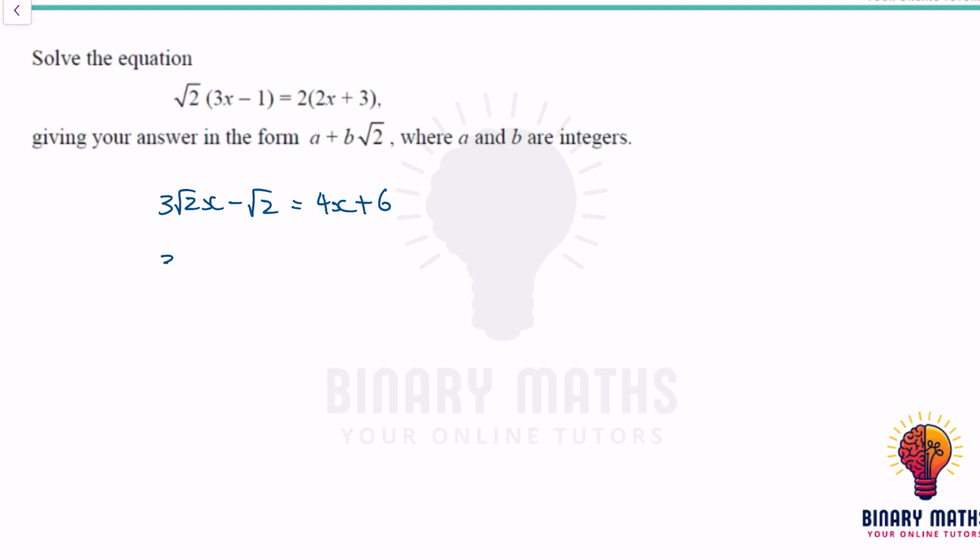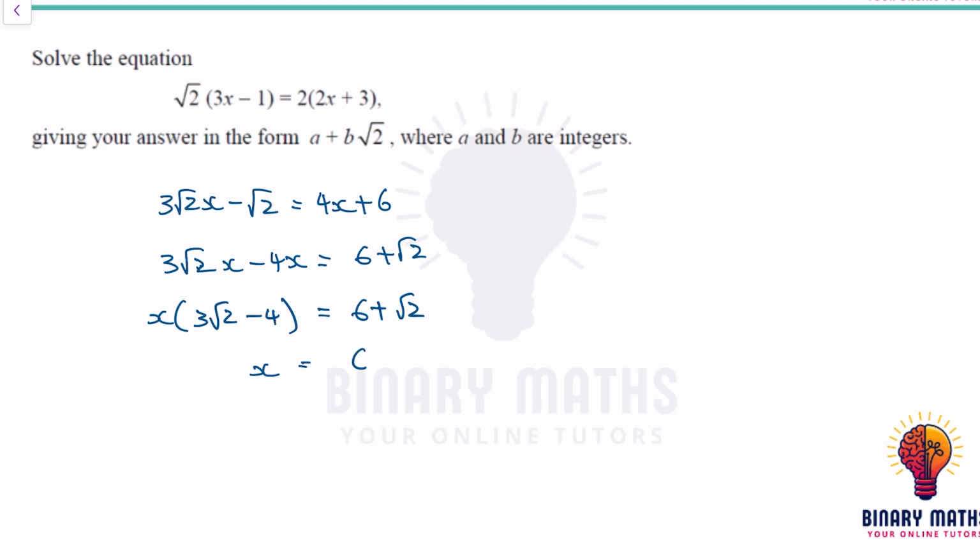So if I do that, I get 3 root 2 x minus 4x must be equal to 6 plus root 2. If I factorize the x on the left hand side, I get x times 3 root 2 take away 4 is equal to 6 plus root 2. x must be equal to 6 plus root 2 divided by 3 root 2 minus 4.